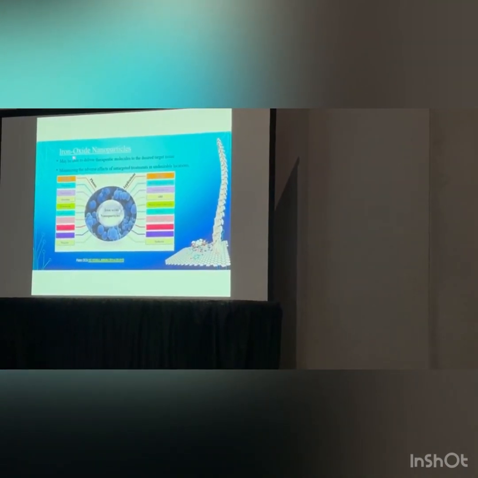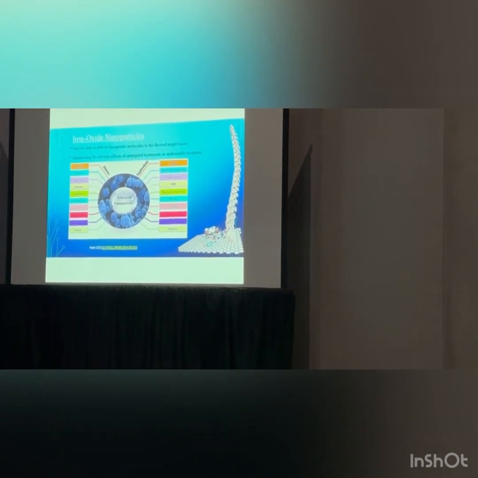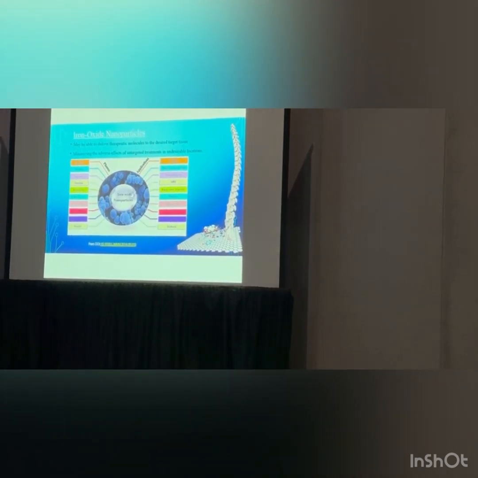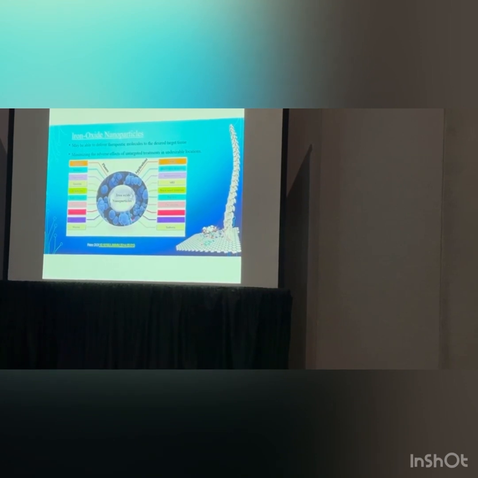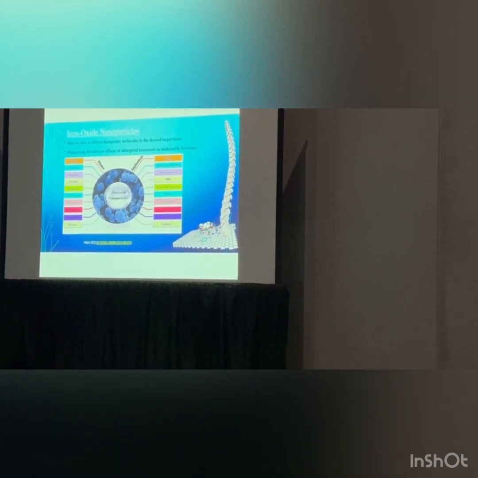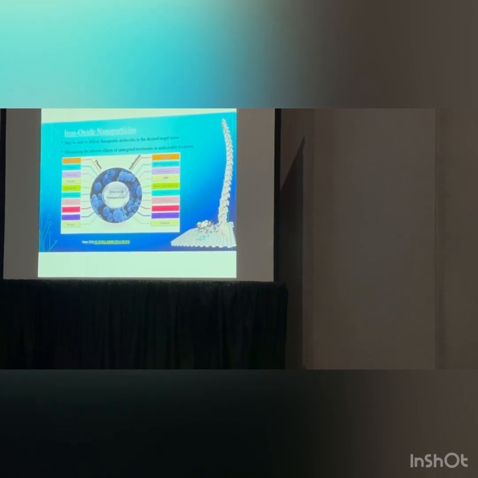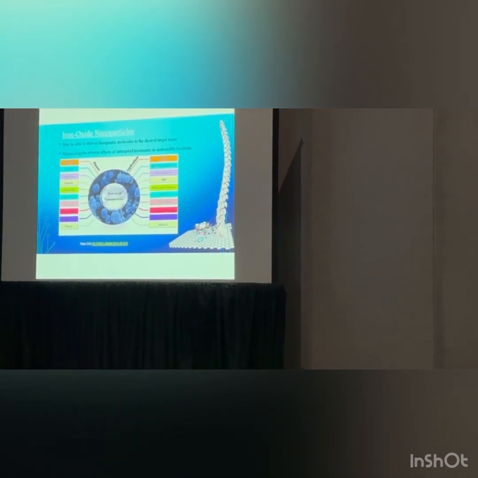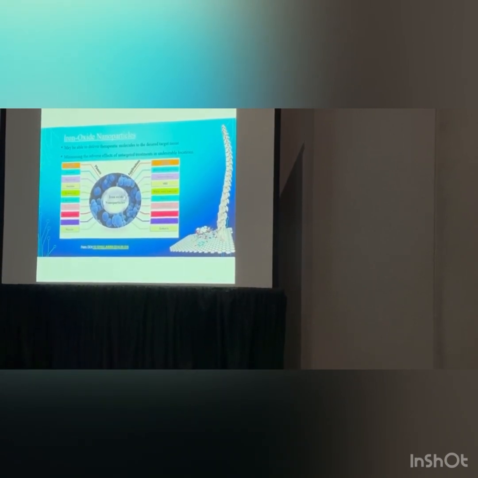This is iron oxide nanoparticles, and there are several applications we can use them for. For example, we can use them in MRI, in different parts of the cure, and also in the detection of a spinal cord injury.